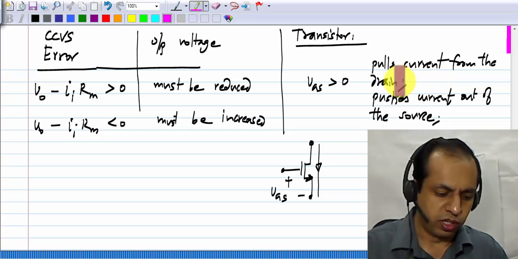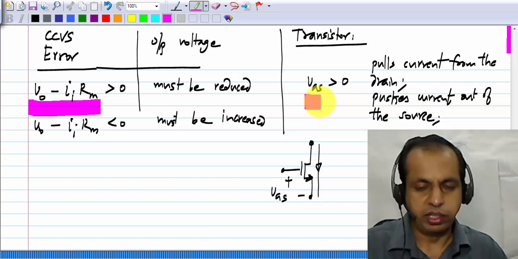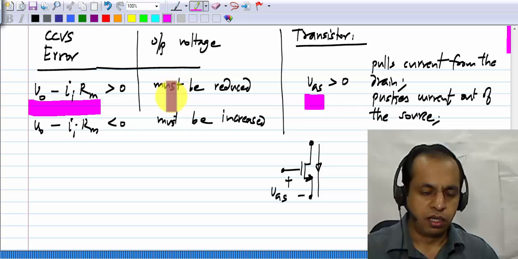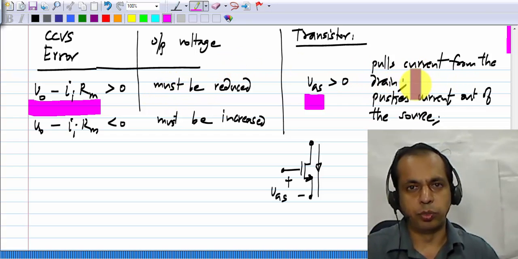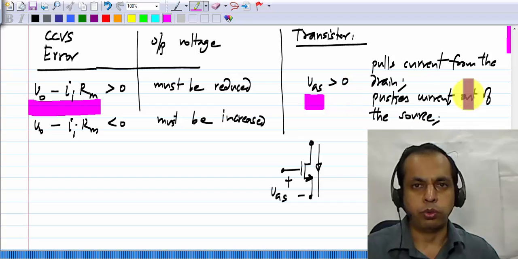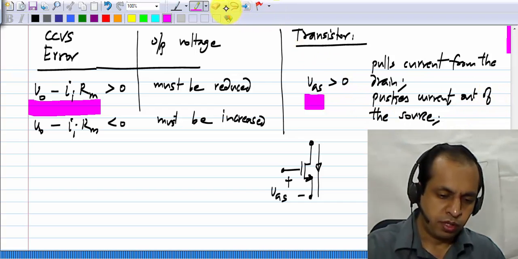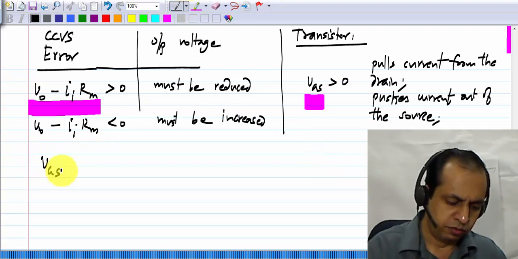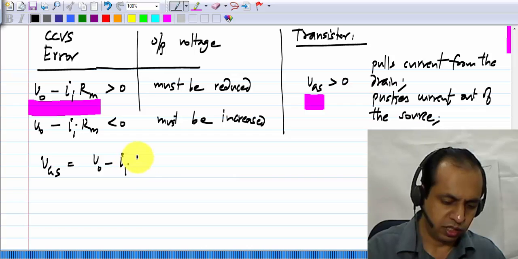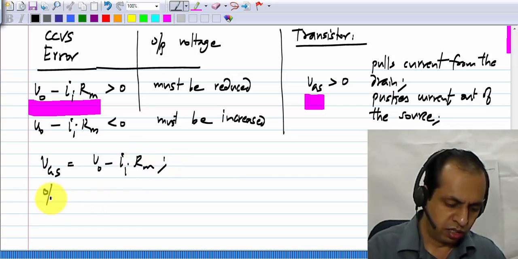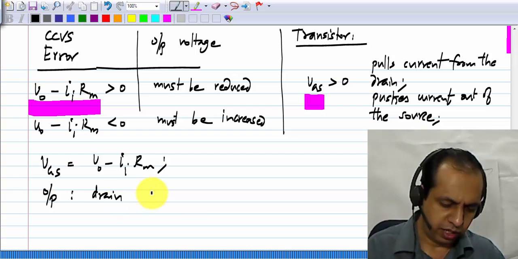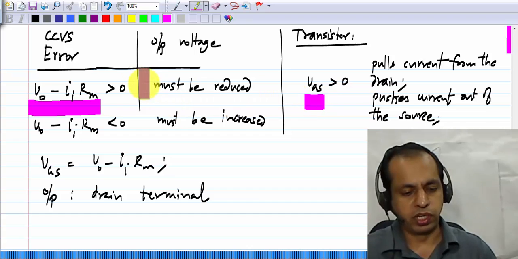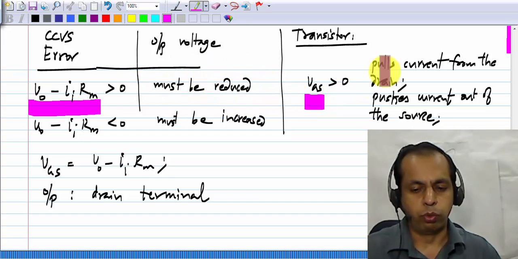Okay. So it looks like if you make V0 minus IIRM equal to the VGS, the incremental gate source voltage of the transistor, and you look at what is happening at the drain terminal, it is exactly what you want. So from this you can infer that VGS must be equal to V0 minus IIRM, and the output is the drain terminal. Okay.